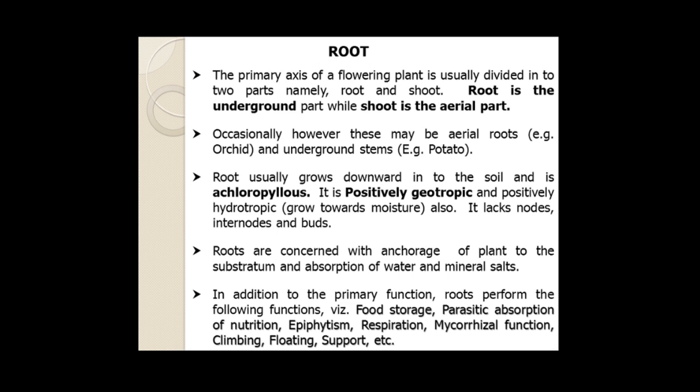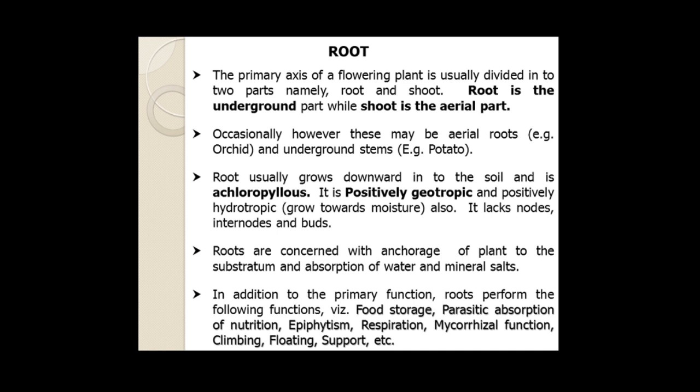Now we already know that the primary axis of a flowering plant is usually divided into two parts, namely root and shoot. Root is the underground part while the shoot is the aerial part. Occasionally, however, there may be aerial roots and underground stems even.